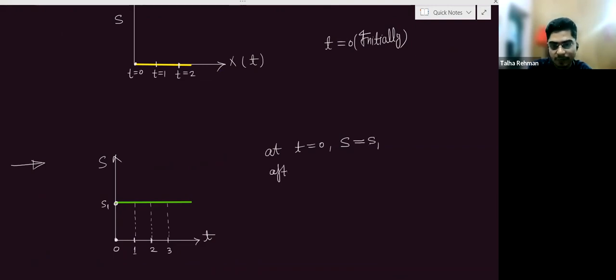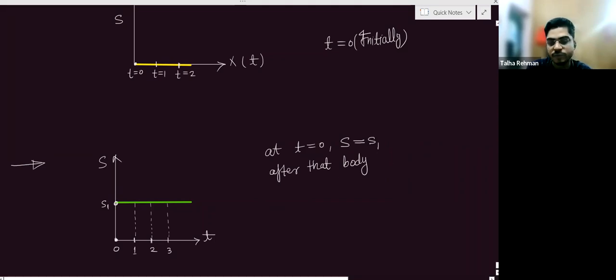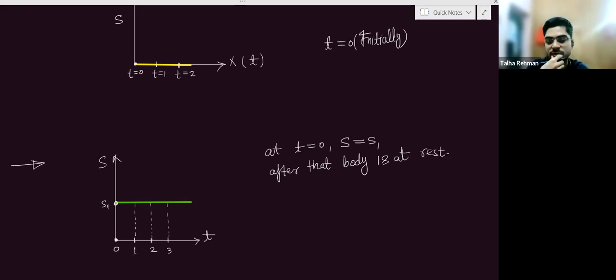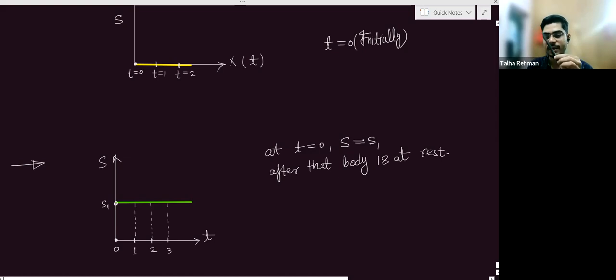After that the body is at rest. What is the meaning of that? Suppose this is the pen.